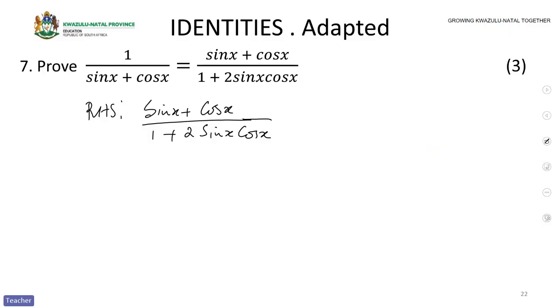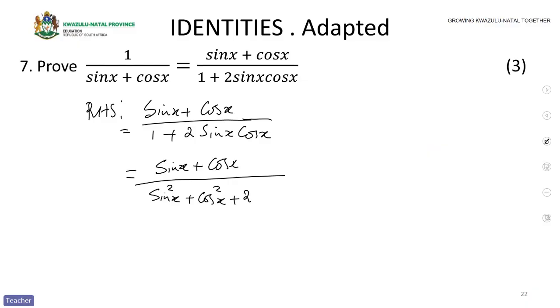I said, whenever I see 1, I don't see 1, but I see its identity. So therefore, this can be quickly said to be sin x plus cos x all divided by, that one is the same as sin squared x plus cos squared x plus 2 sin x cos x.